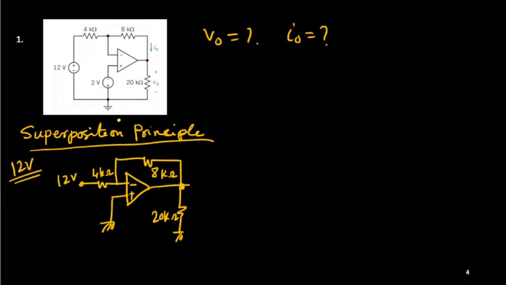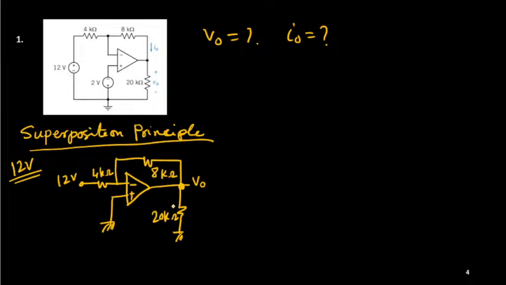Since the output resistance is 0, whenever you connect a load, it doesn't matter. The output voltage will not depend on this load resistance, so we can ignore it. Whether we consider 20k, 10k, or 5k, we will get the same output voltage V0.